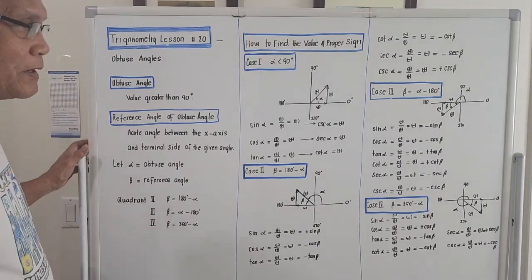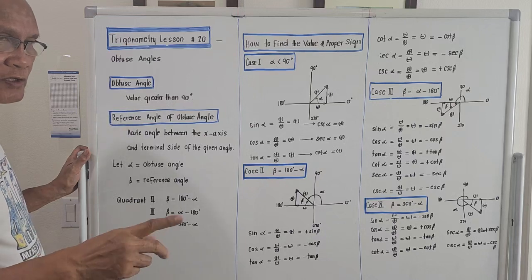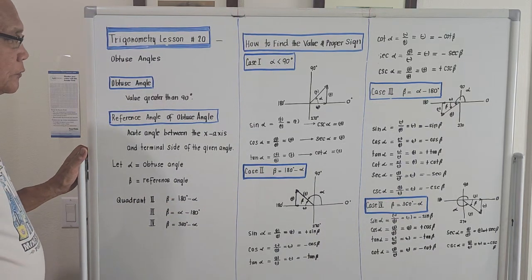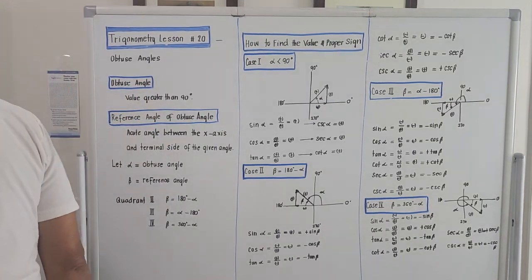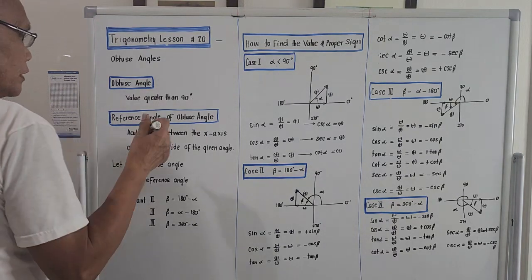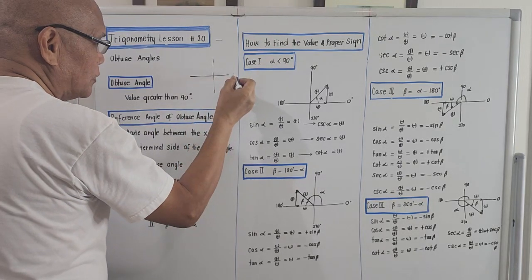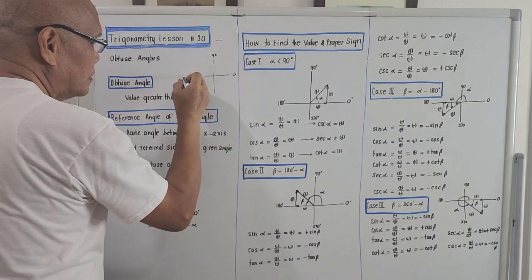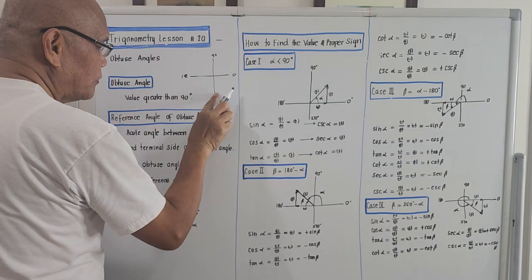Okay, let's try to define an obtuse angle. An obtuse angle is an angle in which the value is greater than 90 degrees. It is something like this. If this is the 0 degree line, this is the 90, this is 180, and this is the 270 rather.